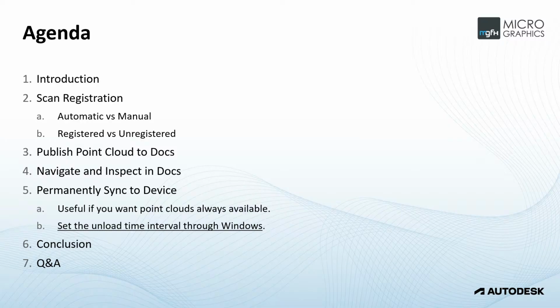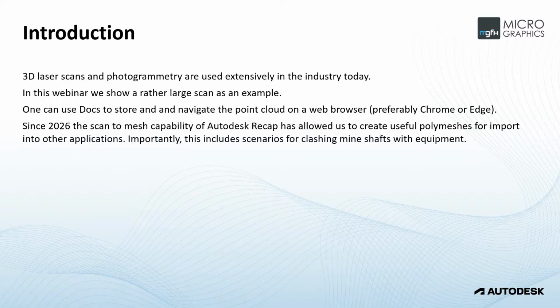We're going to look at, if you've got a bunch of scans, what is structured versus unstructured and automatic versus manual registrations. Then to publish point clouds to Docs, to navigate and inspect in Docs, and then to permanently sync to your devices if you'd like. And we'll deal with that as we go through that.